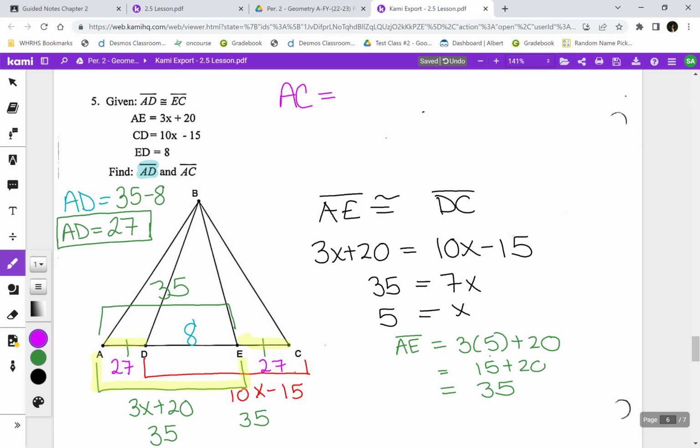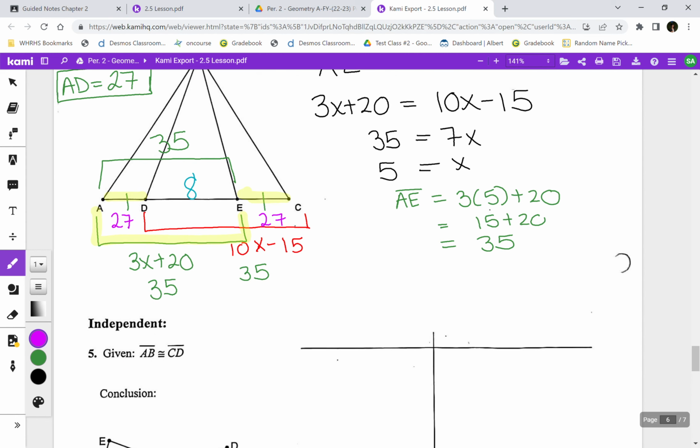Christine? 35, 8, and 35. Okay, but look what happens if you do 35, 8, and 35. This is 35 and this is 35. We're adding that 8 twice. Do you see what I'm saying? Because this is 35 and then from here to here is also 35.